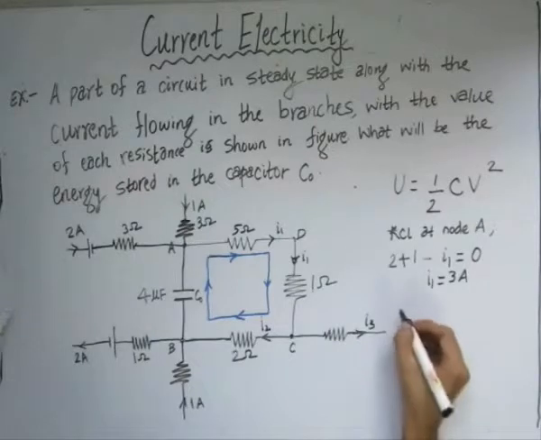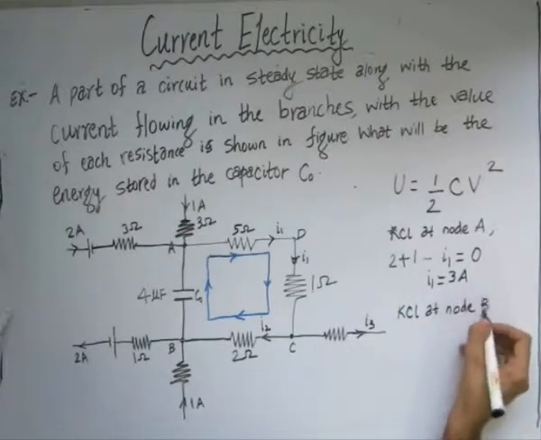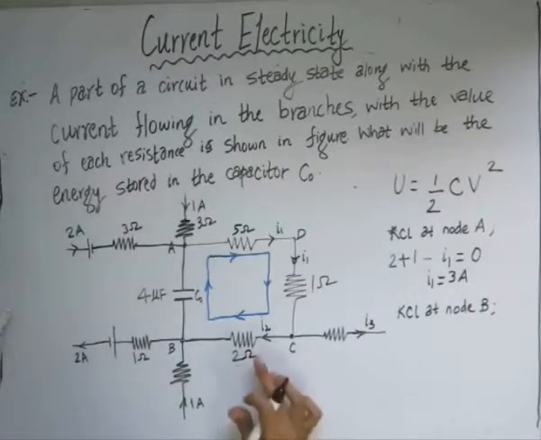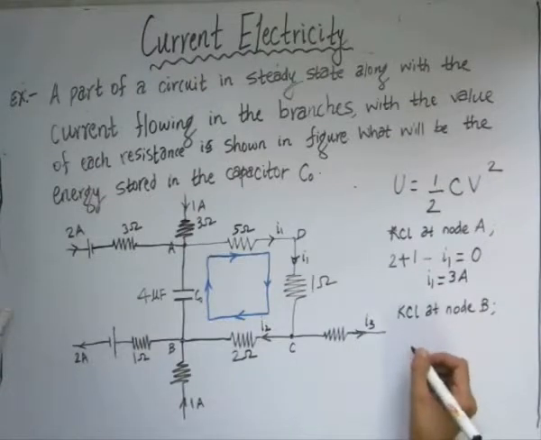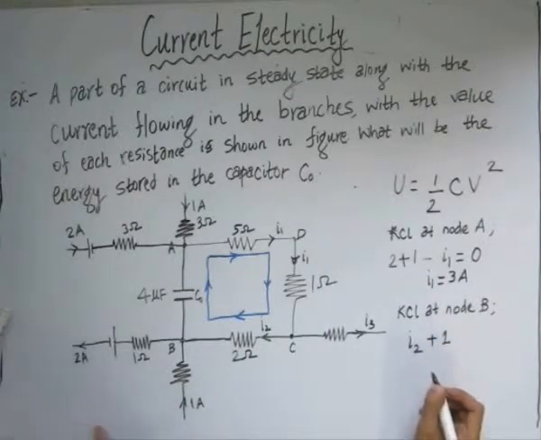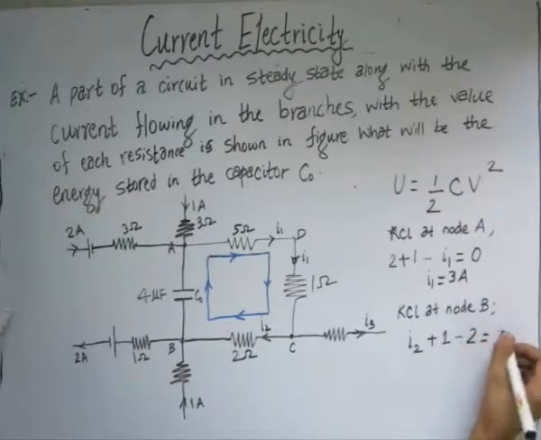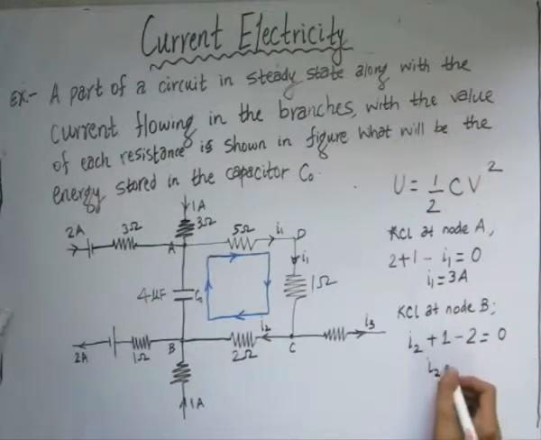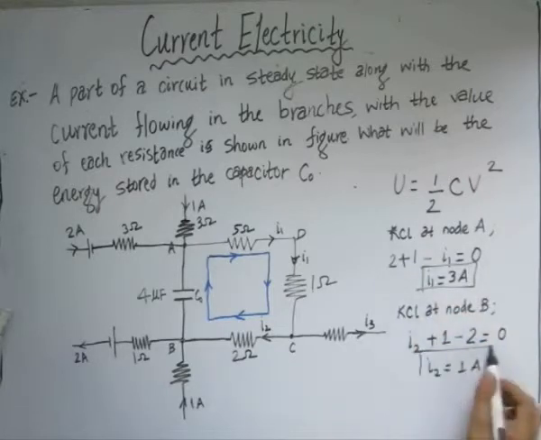Since I2 and 1 ampere are incoming currents, they are taken as positive as per the sign convention: plus I2 plus 1 ampere. Since 2 ampere is the outgoing current from node B, it is considered negative: minus 2 amperes equals 0. So from here we can say that I2 is equal to 1 ampere. So we have got the values of I1 as 3 amperes and I2 as 1 ampere.